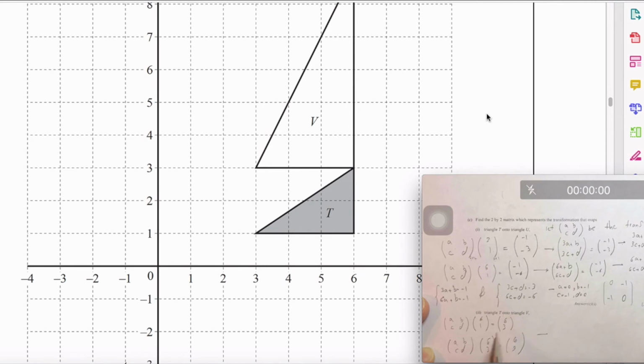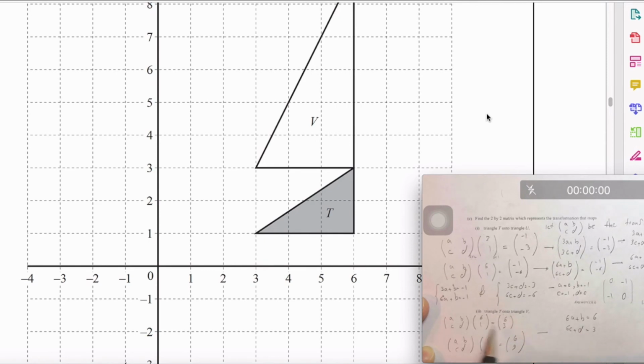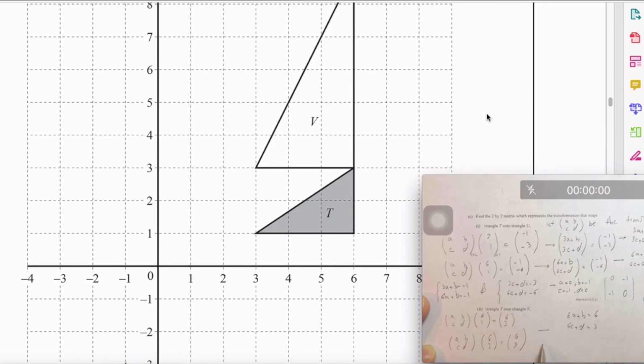Then you multiply them, you will get these equations. 6a plus b is equal to 6. Then 6c plus d is equal to 3. That is for the first multiplication. Then the second one will be 6a plus 3b is equal to 6, 6c plus 3d is equal to 9.